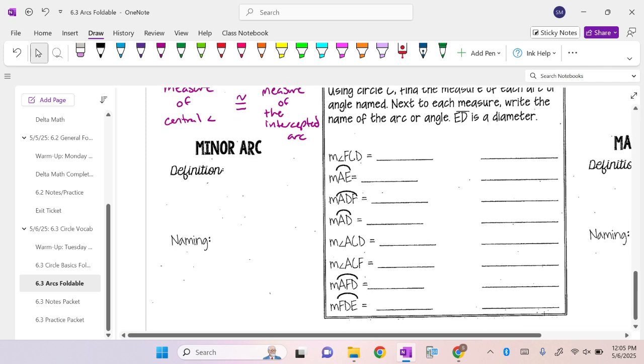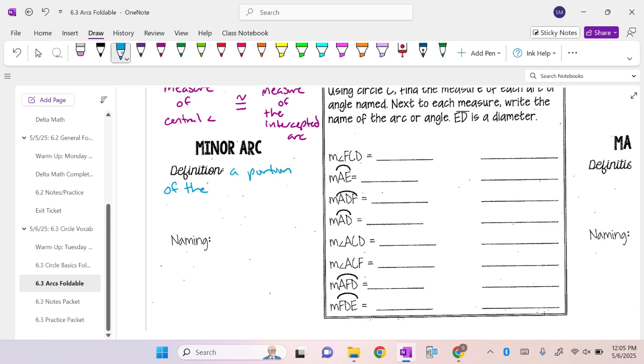So with a minor arc, it is a portion of the circumference, meaning the outer edge of the circle, of a circle that measures less than 180 degrees.